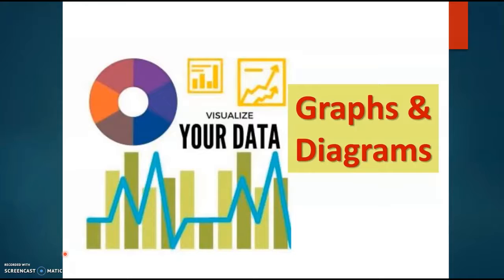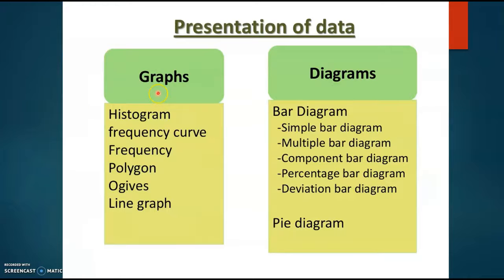There are various kinds of diagrams in common use. The most important ones are geometric diagram, frequency diagram, and arithmetic line graph. This includes graphs and diagrams. Diagrams: bar diagram and pie diagram.